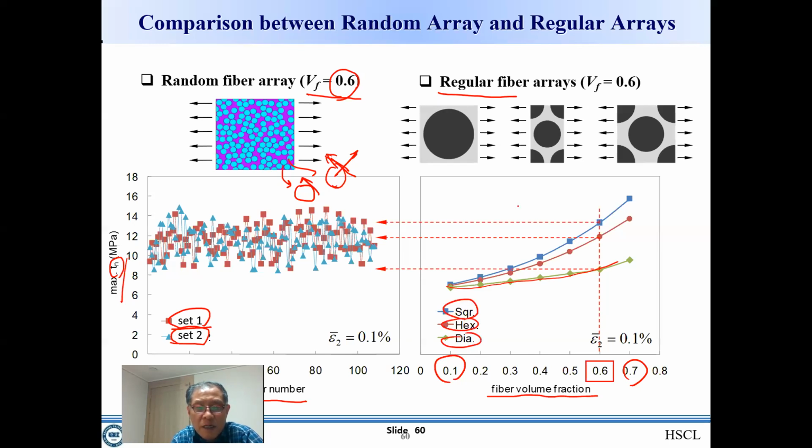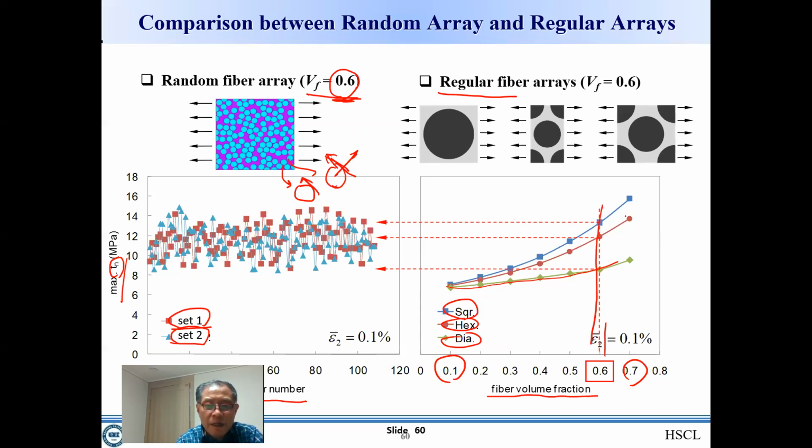The three models do not give exactly the same values; they are different. Different regular fiber arrays give different values. But what we would like to do here is compare how the random fiber at fiber volume fraction 0.6 compares with 60% of these models.